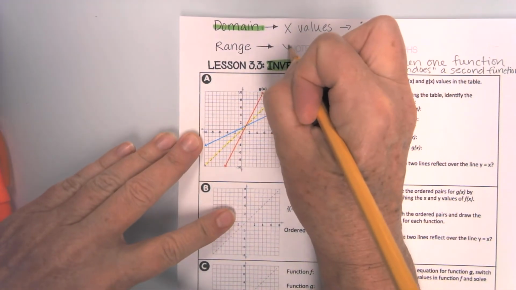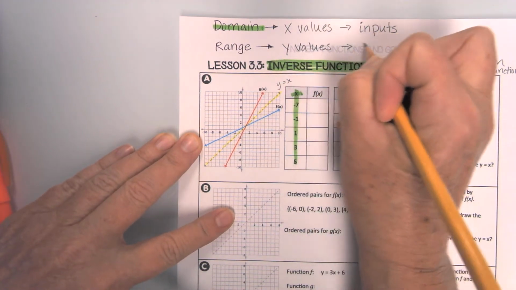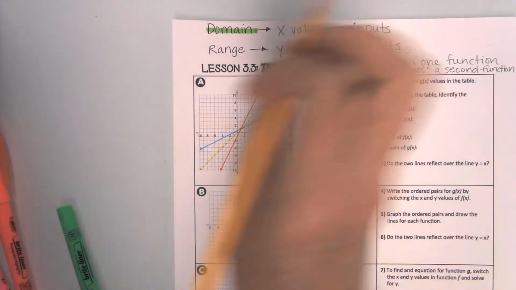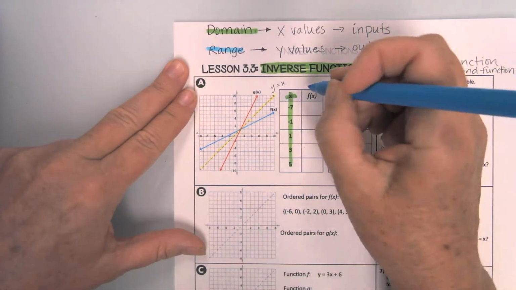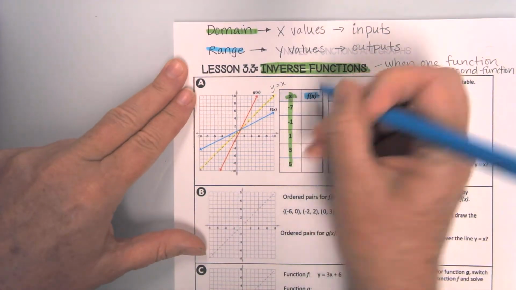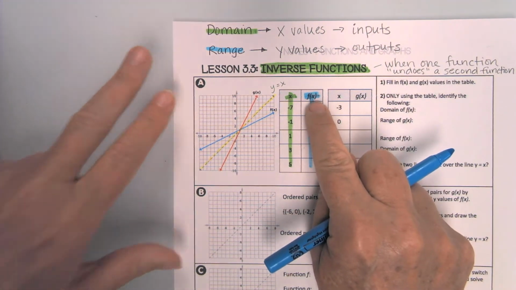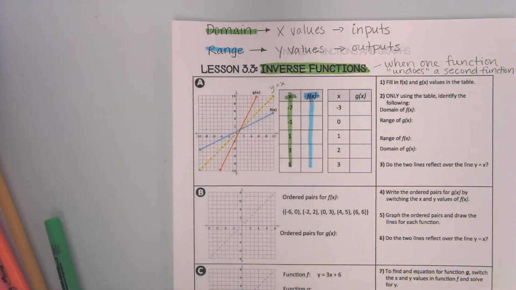My range are my y values. They are my outputs. I'm going to highlight those. And remember, in functions, we sometimes call y f of x. We can rename y in many different ways.